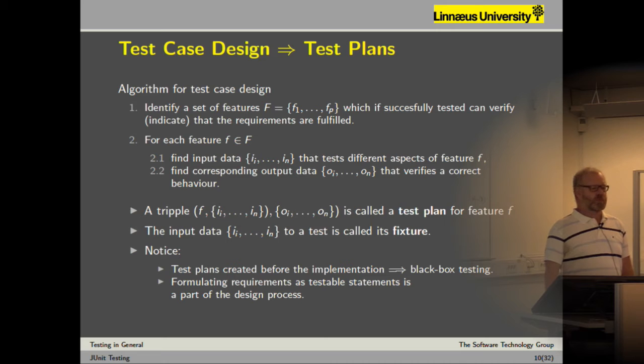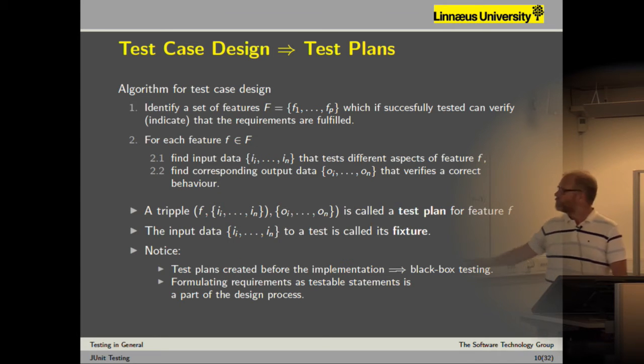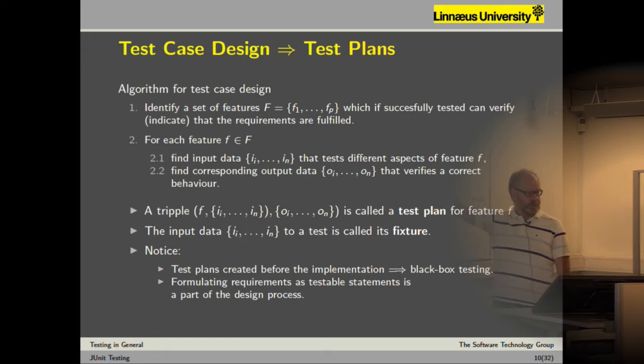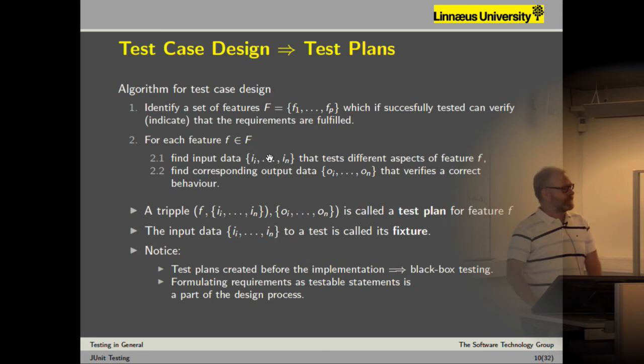You should have a number of inputs. We should have a number of pairs, in this case A, B, that tests that this one works. But just as important is that we should also know the result. So in order to test this one, we should have a number of things that look like 7, 3 goes to 10.